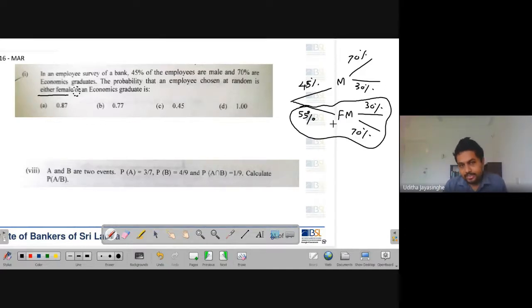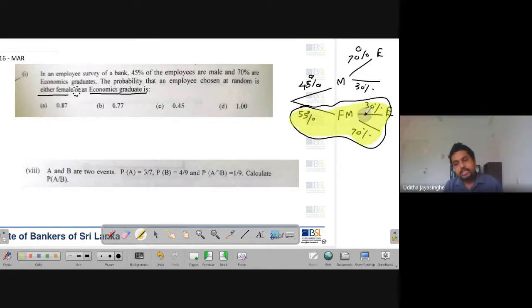On the other hand, now I can demarcate that 70% are economic graduates. If that is the case, out of the male 45 population, there is going to be 70% economic graduates and 30% non-economic graduates. My question in focus is asking for either female population like this.